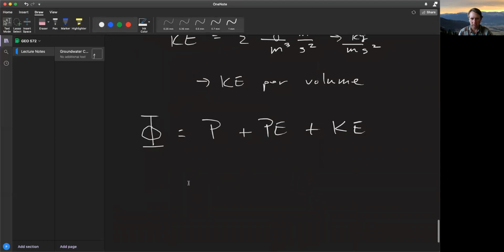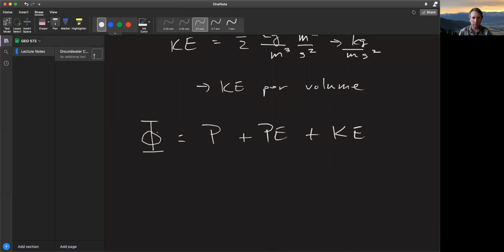And we can expand this now to be rho g psi plus rho g z plus 1/2 rho v squared. All right, and this is our total energy per unit volume.